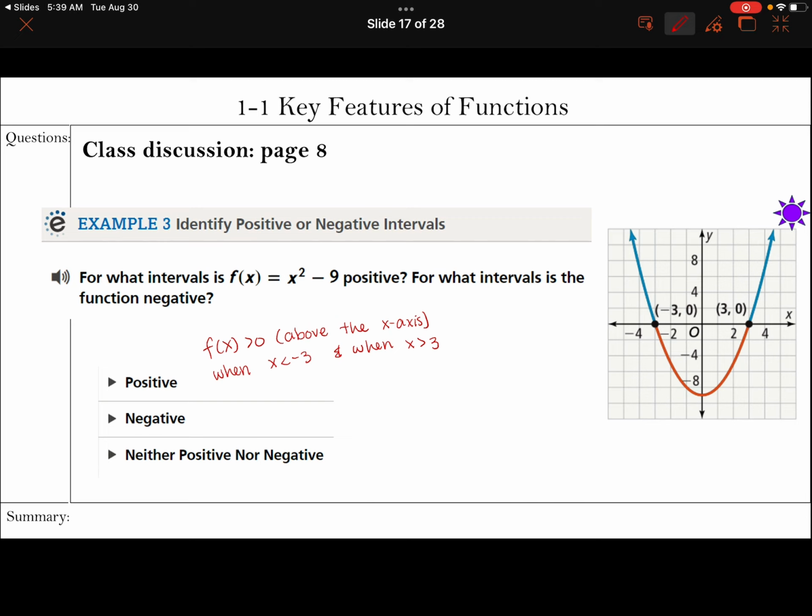Okay. When it's negative, f of x is less than 0, which is below the x-axis.